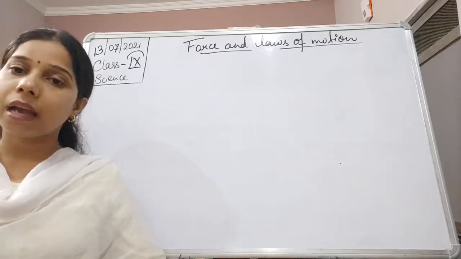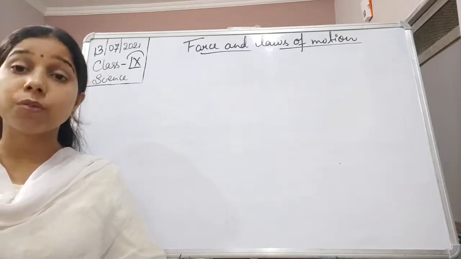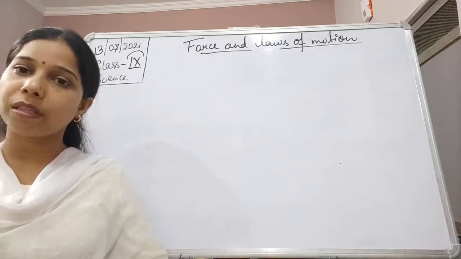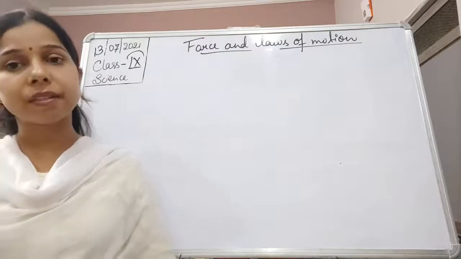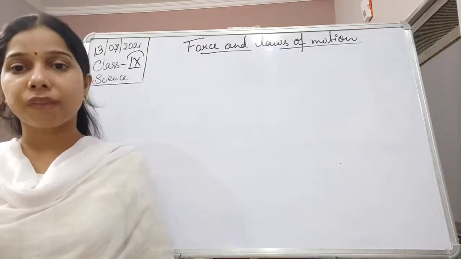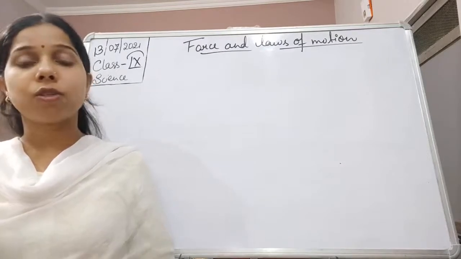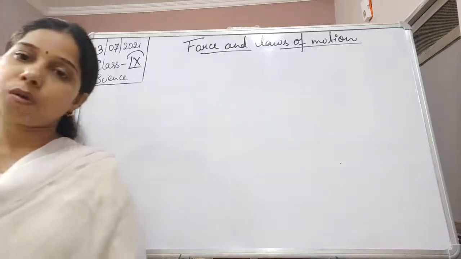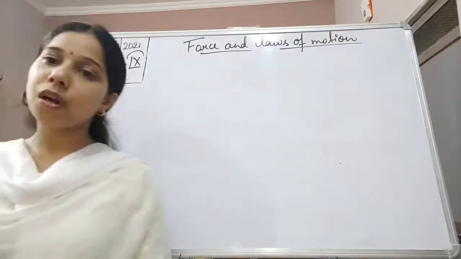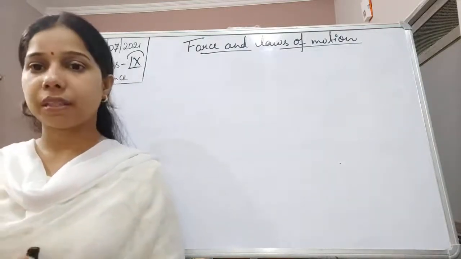And then we have seen the law of conservation of momentum, which says that total momentum before collision is equal to total momentum after collision. In the previous class, we have seen some of the numericals related to the law of conservation of momentum. Now, since this topic is really important, today also we will continue with the numericals related to the law of conservation of momentum, students.